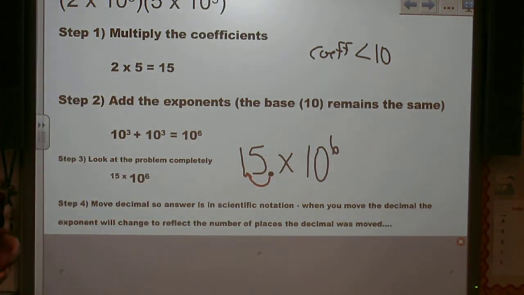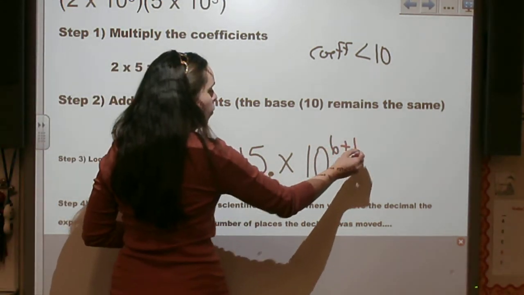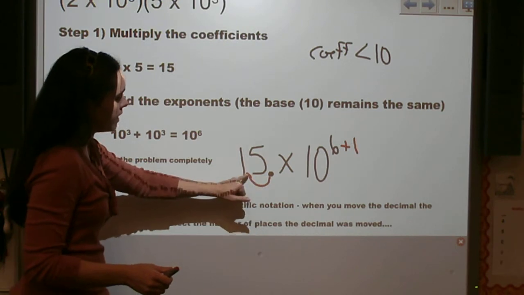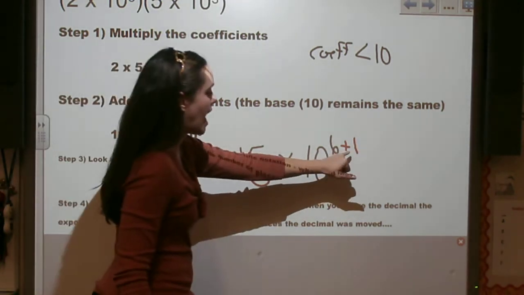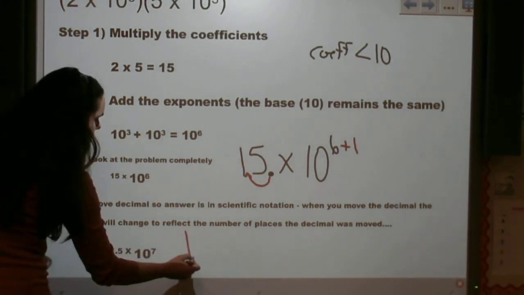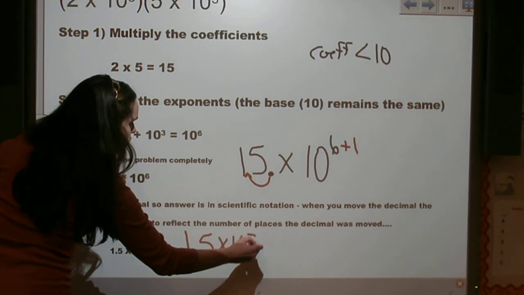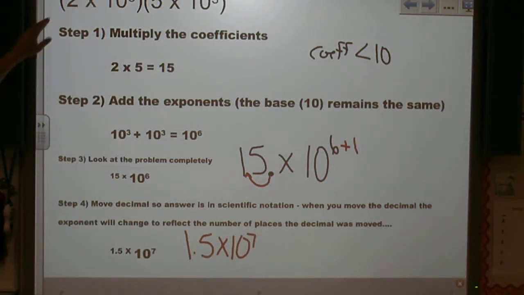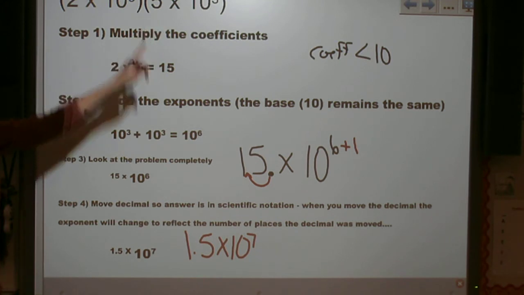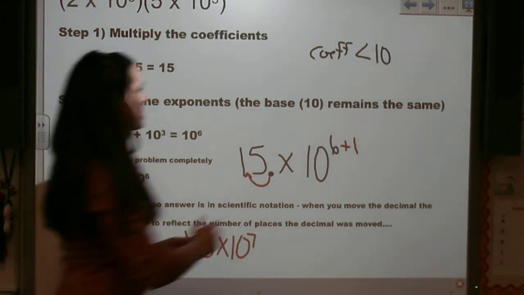Since I moved the decimal to the left, I need to add 1 to the exponent. Which means our number in scientific notation is 1.5 times 10 to the 7th. So 2 times 10 to the 3rd times 5 times 10 to the 3rd is 1.5 times 10 to the 7th. Alright, let's look at another example.